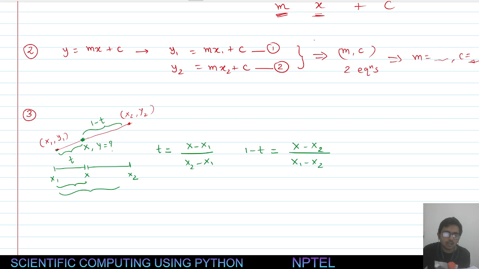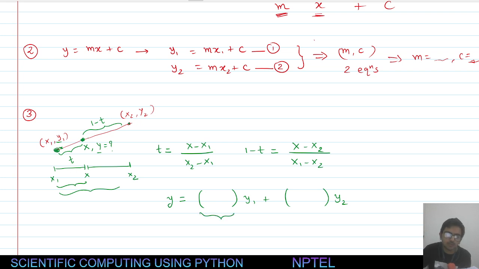Okay, and now we can say that y should be a combination of y1 and y2, right? Because it's linear. So it is some combination of y1 and y2, and what should these coefficients be? So let's imagine if t is very small, then y should be very close to y1, right? So if t is very small, then weightage is given to this x1 y1 point higher than this one.